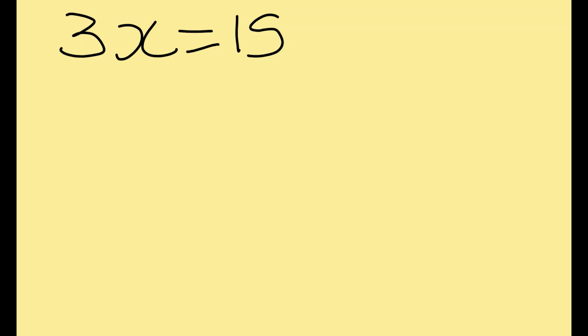So 15 is a constant, whereas x is a variable because it varies. 15 is a constant because it has a constant value, and x is a variable because it can vary, like it can be 15, 13, 11, 12, any number in the world. Now let's check 3. 3 is also a constant because 3 cannot be 2, 1, 5, 6, 7, 8.